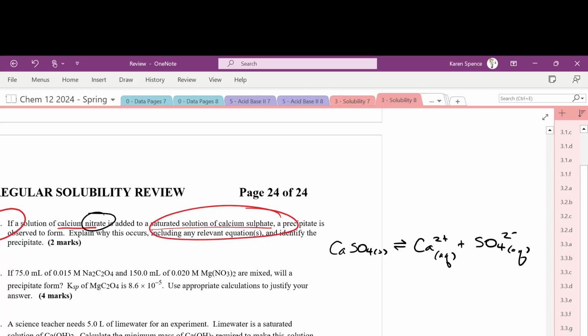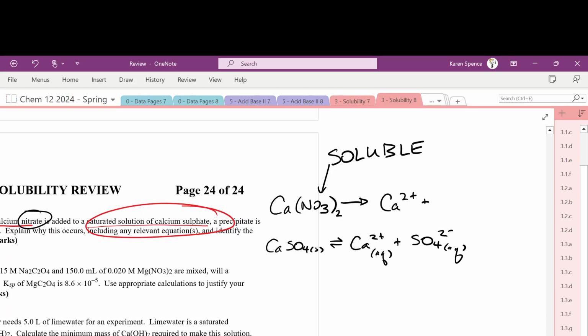What do you know about nitrate salts? Soluble. So calcium nitrate, one-way arrow or two-way arrow? One-way arrow because it is soluble. Ca2 plus 2NO3 minus.